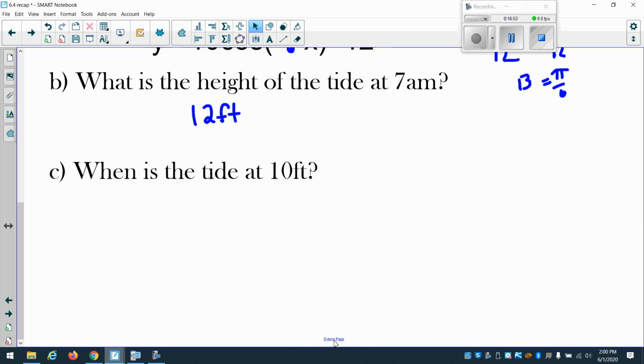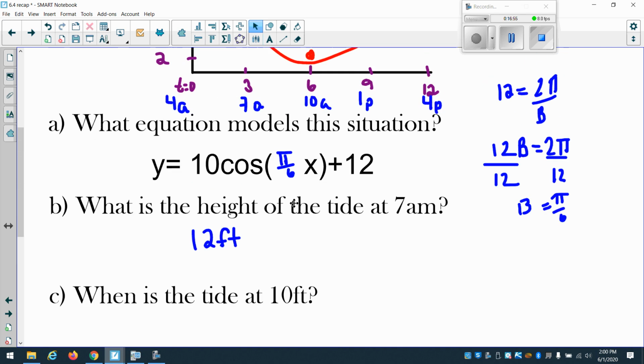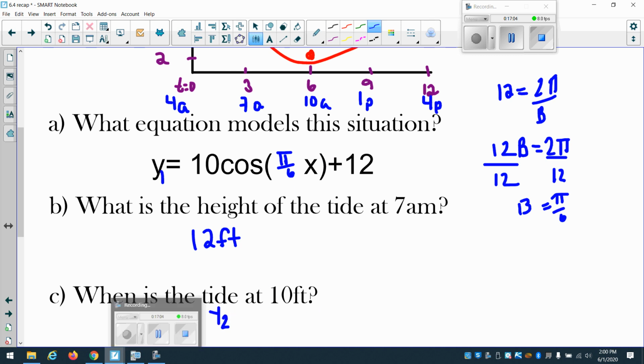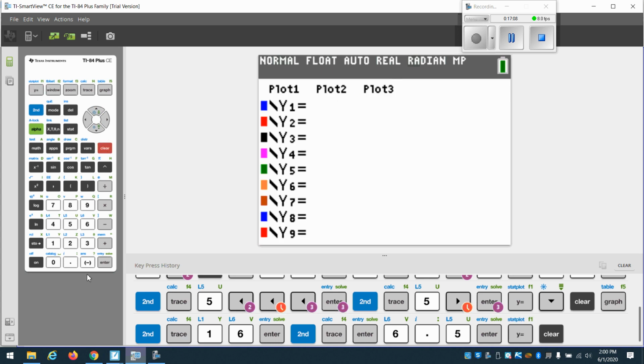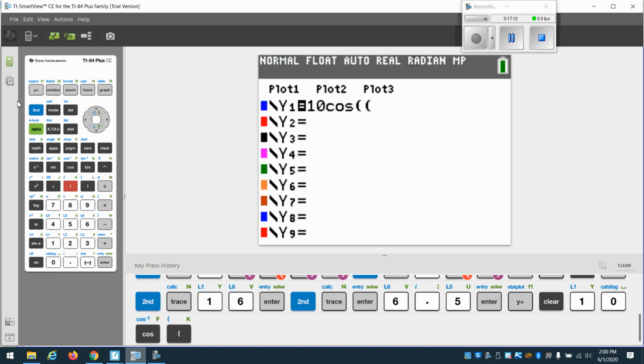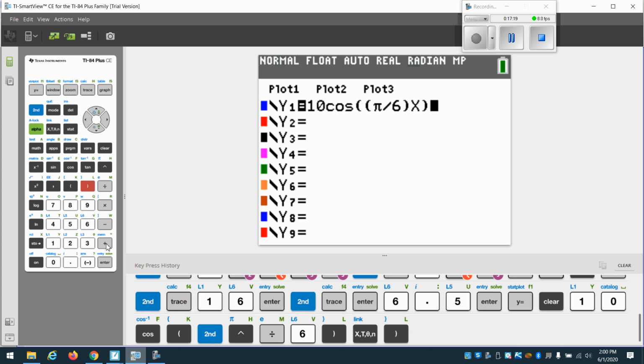Well, we'll be doing the same thing as we did. Y1 is our first equation. Y2 equals 10. So we'll go to y equals, clear this out, enter our equation, cosine of pi over 6 x plus 12, and then this is 10.